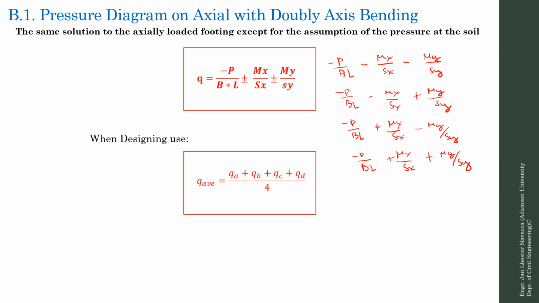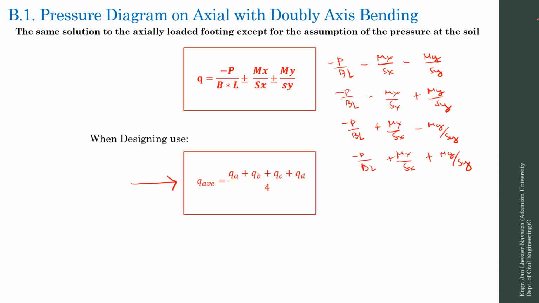Okay, so itong assumption na to, para mas mapadali yung pagde-design, is using a Q average or the average of the four values. So after getting the average of the four values, we can now assume that those values are applied uniform. Okay, meron na tayong uniform pressure after using this Q average.